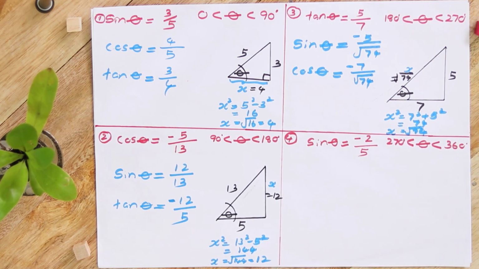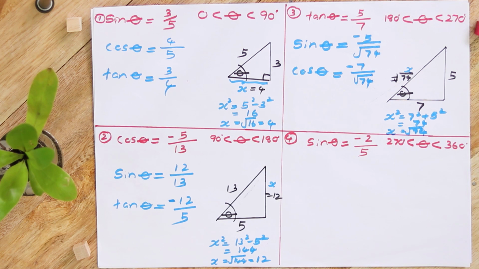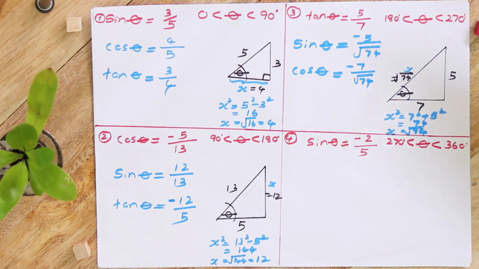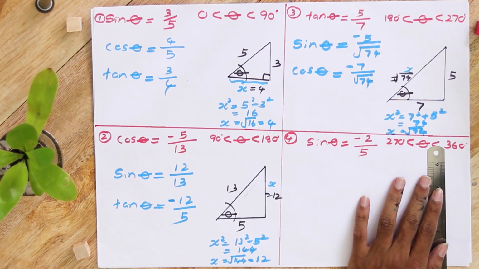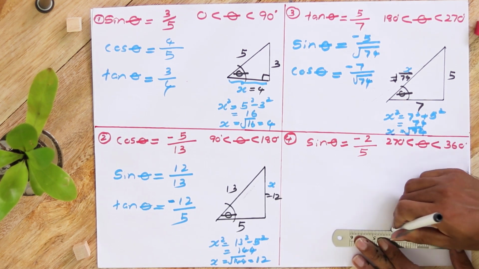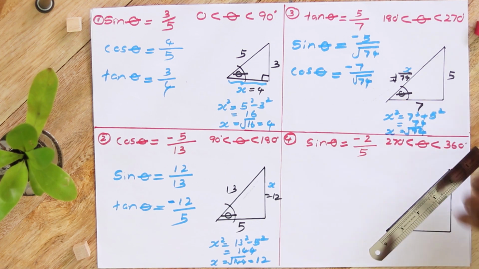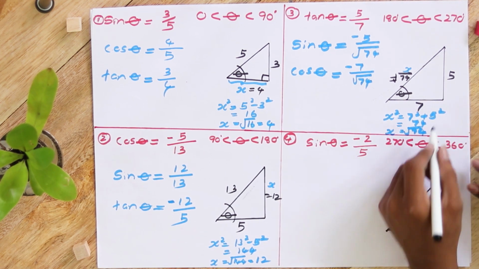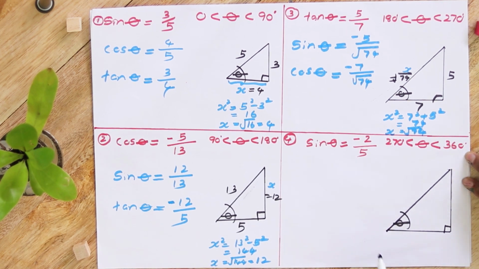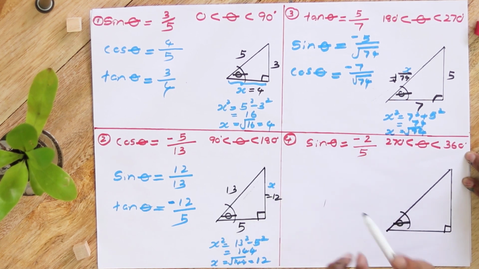But as usual, when we are finding the values, first of all, we take the magnitudes. So we temporarily forget this minus sign and we draw this right angle triangle. And this is 90 and this is theta. Now opposite side over hypotenuse, remember we are not taking this minus sign.